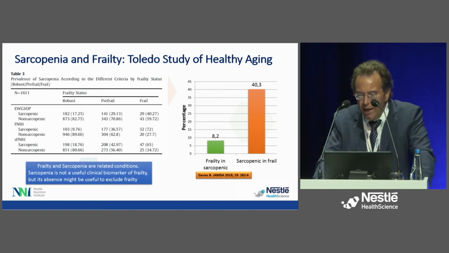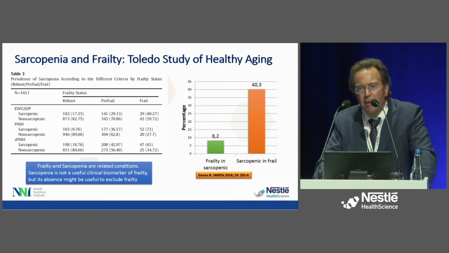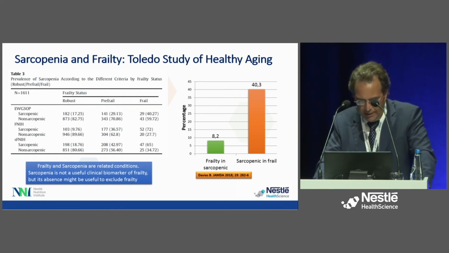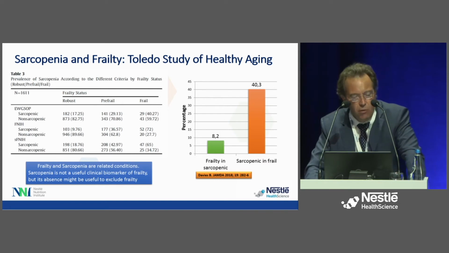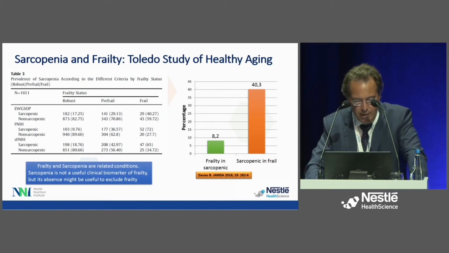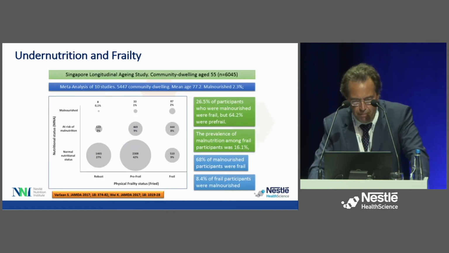You can see how 82% of sarcopenic participants were frail, but 40% of frail participants had sarcopenia. So the conclusions of the authors are that frailty and sarcopenia are related but different conditions, and that sarcopenia is not a useful clinical biomarker of frailty, but its absence might be useful to exclude this condition.